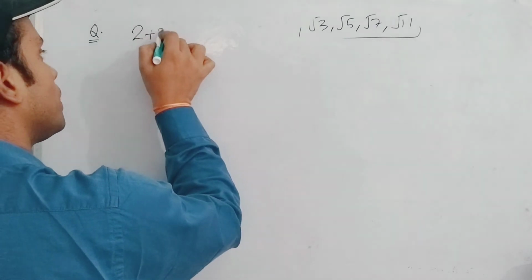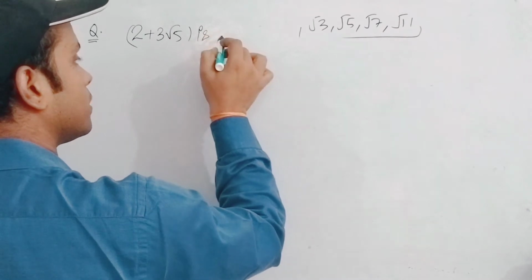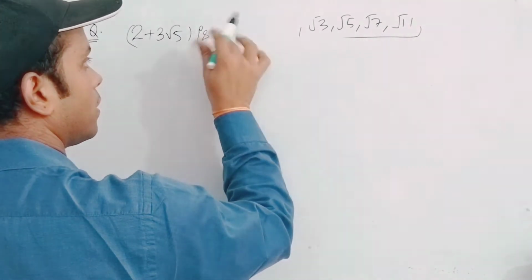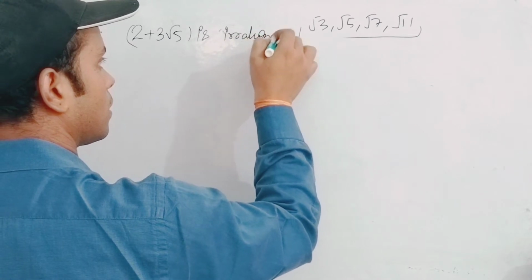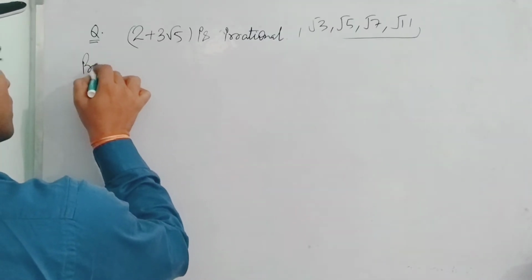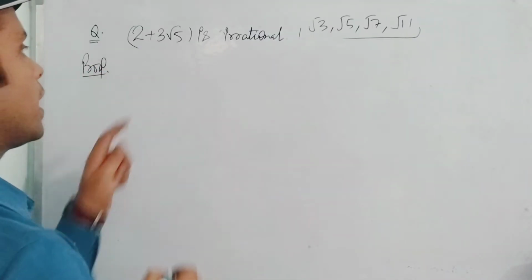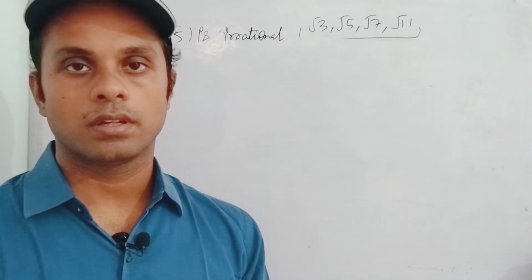Prove that 2 plus 3 root 5 is irrational. So how to prove this kind of questions? If given that root 5 is irrational, it's very easy.